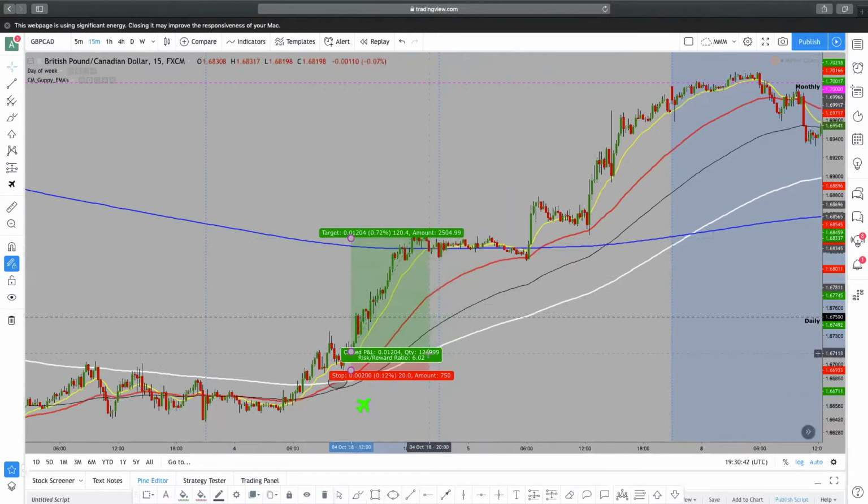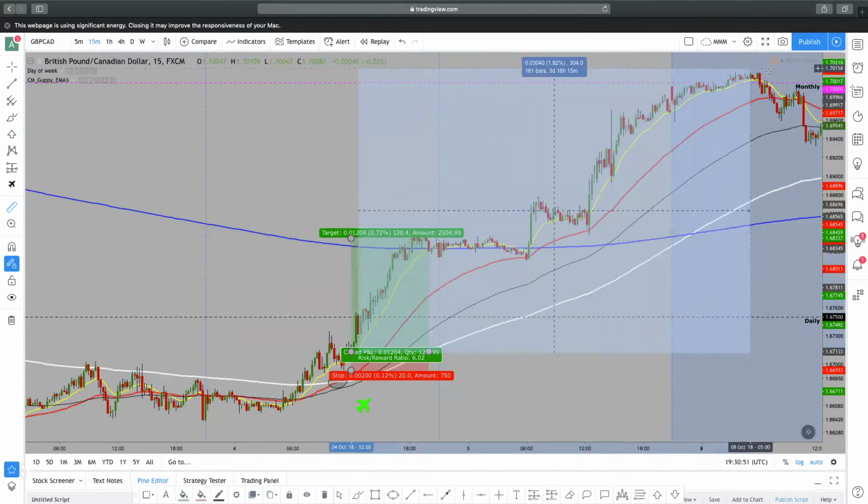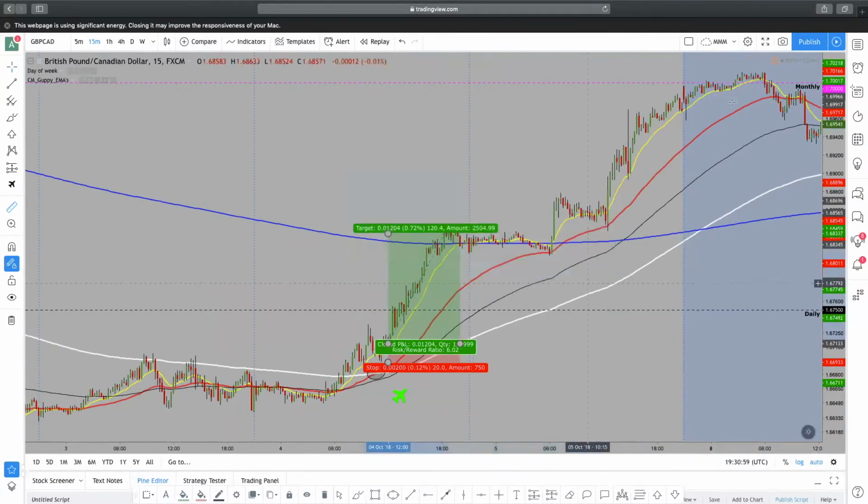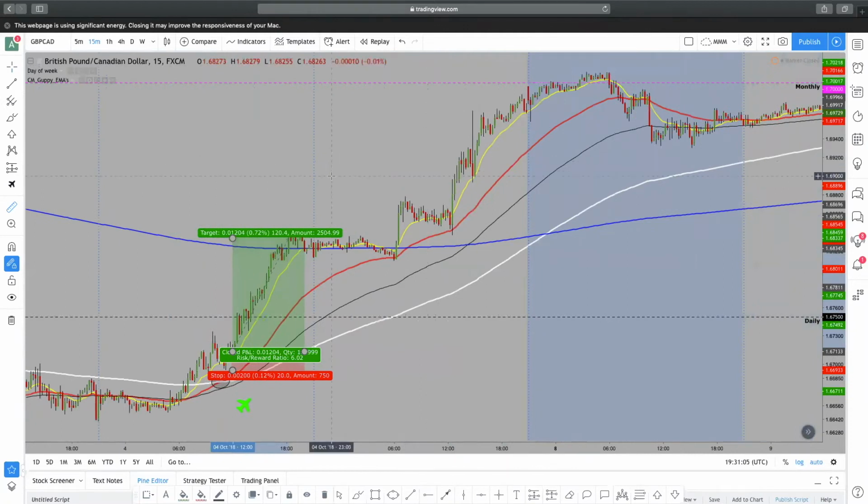I'm not swinging, but you can swing it from the same point I entered for 300 pip. Pretty good, huh? But that's gonna make you hold over weekend unless you close somewhere 280 pip something here, which is pretty smart.